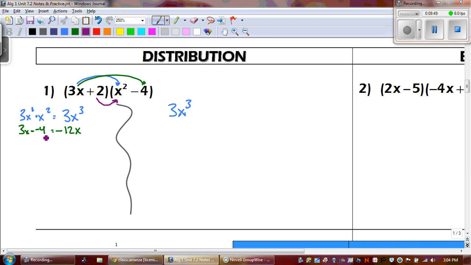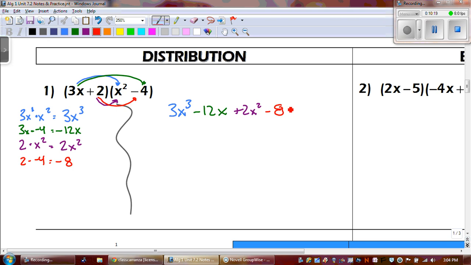All right. Next, we're doing the 2 times the x squared, which gives us 2x squared. Oh, guys, I'm sorry, I forgot to write the negative 12x. And then that's a positive 2x squared. And then the last thing we're multiplying is that 2 times -4. And that gives us -8. Okay? Now, do we have any like terms?